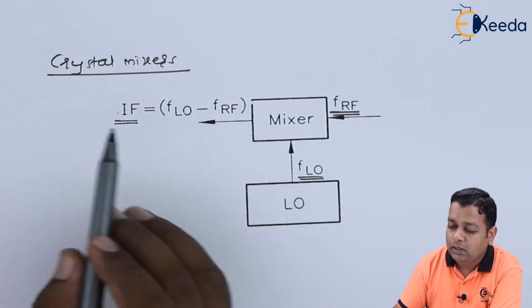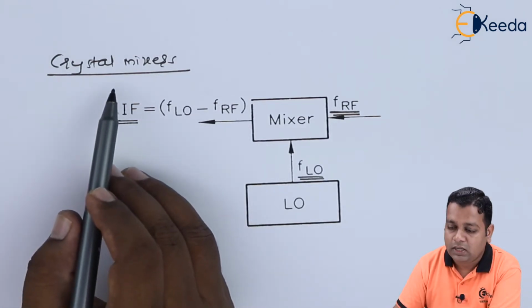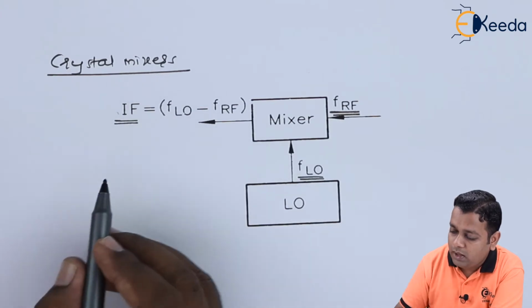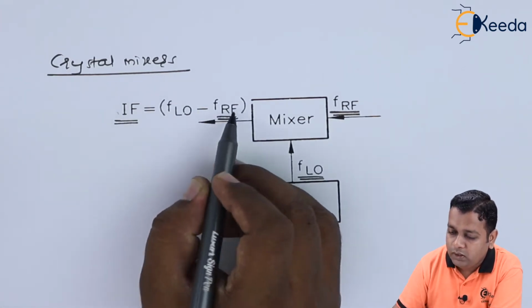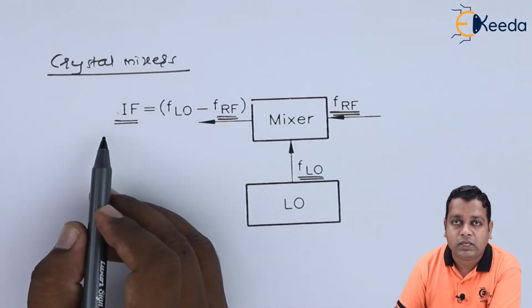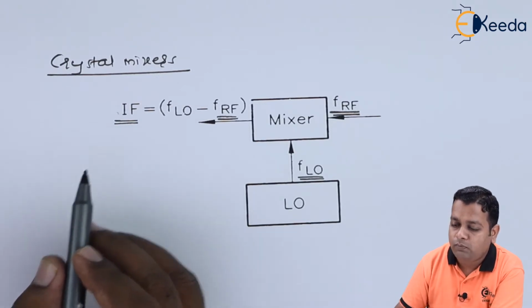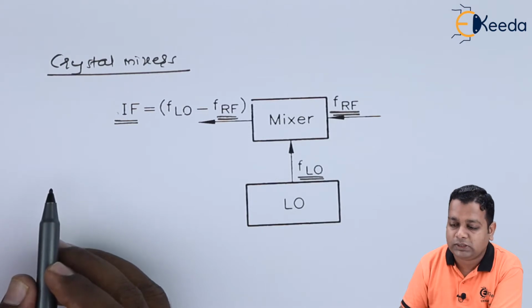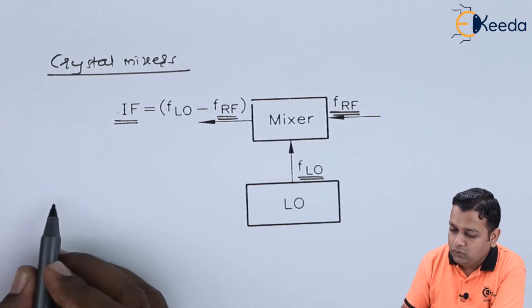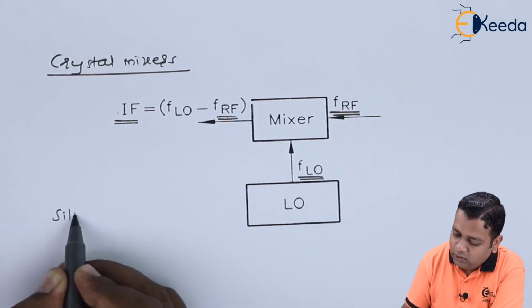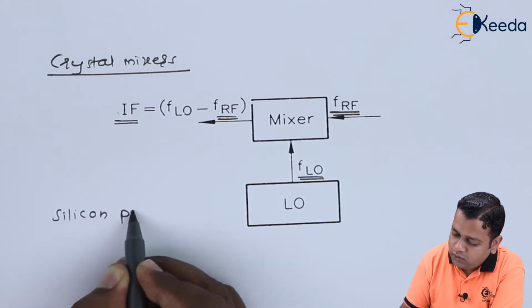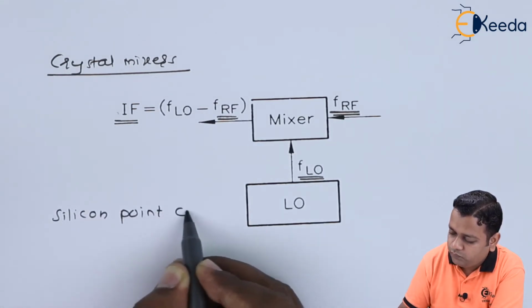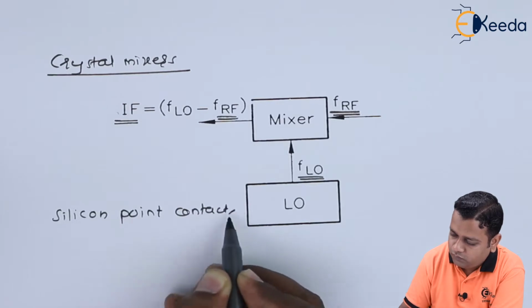So basically the work of the crystal mixer is to convert RF energy into IF energy with minimum possible losses and without spurious responses, I can say. Now silicon point contacts are used.